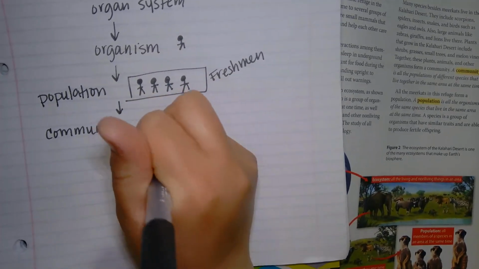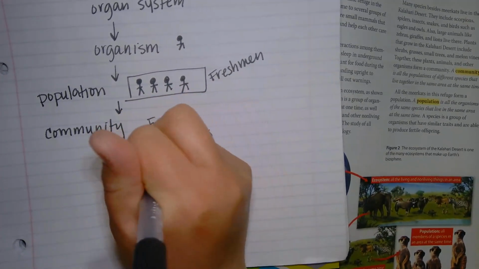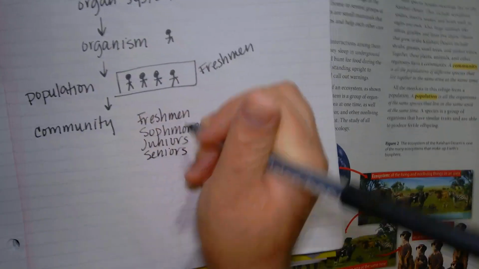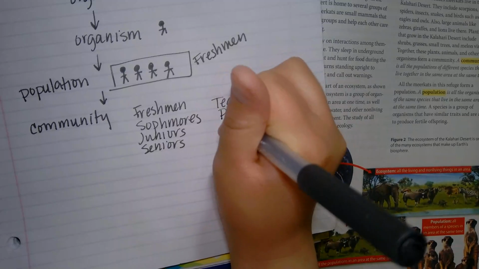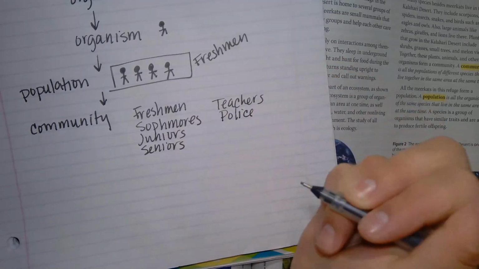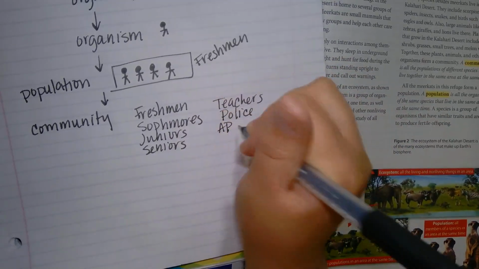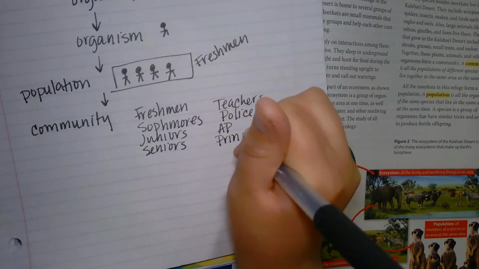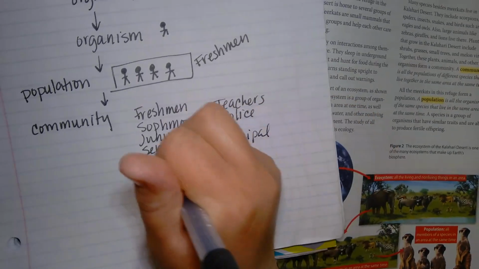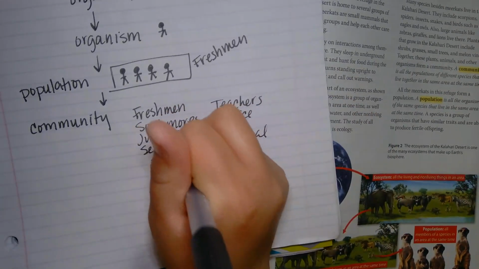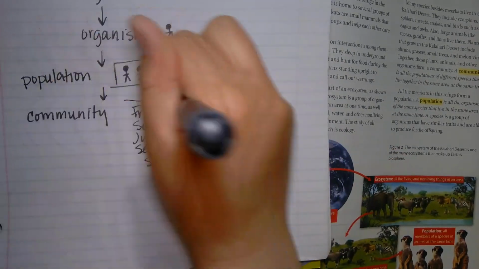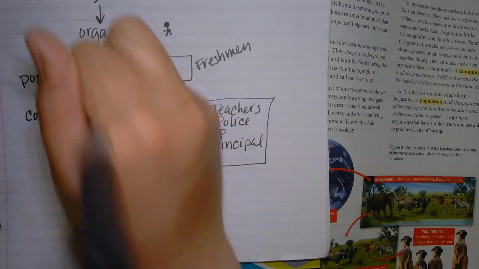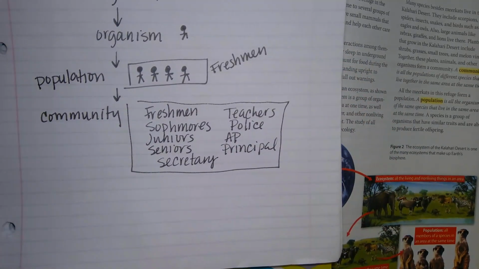This includes the juniors, the seniors, the teachers, the police officers. It includes the APs, the assistant principals. It includes the principals. It includes the secretaries. Okay? So it includes every single thing. So everyone that's interacting in that same space is pretty much the community.